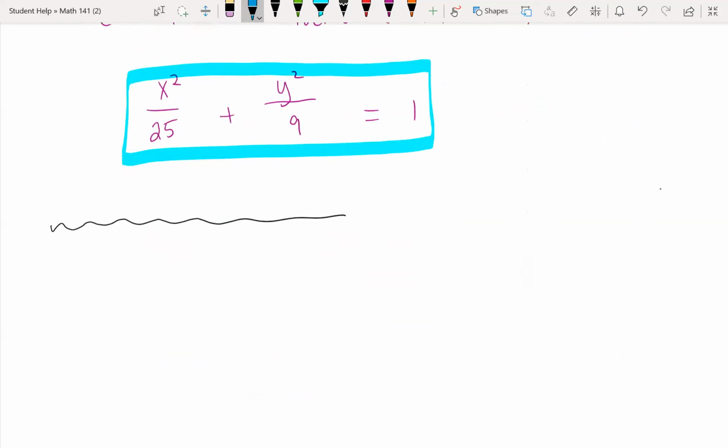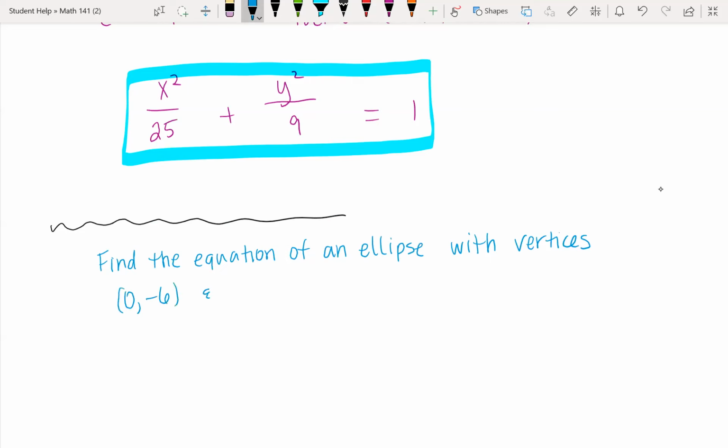All right, so let's find the equation of an ellipse with vertices 0, -6, and 0, 6, and the foci at 0, -4, 0, 4.